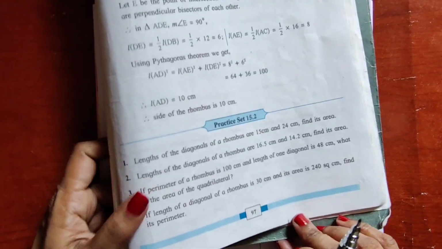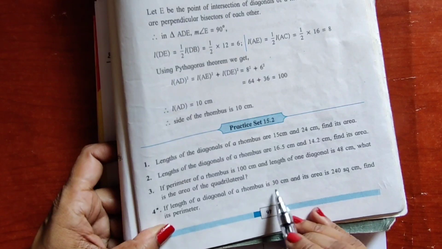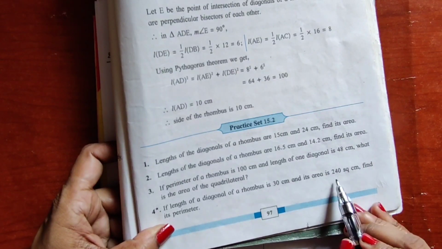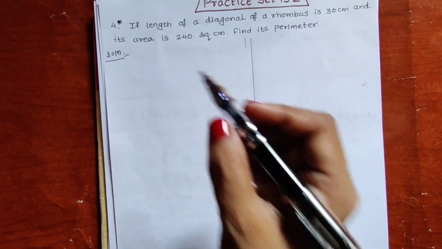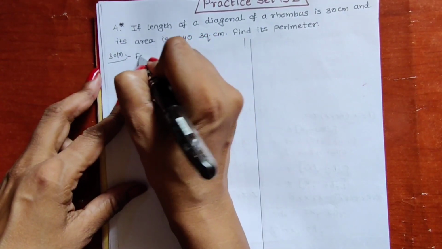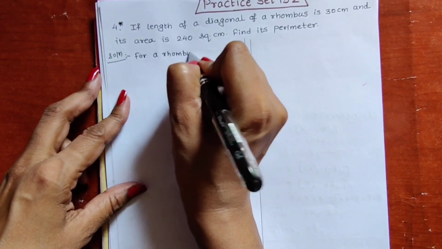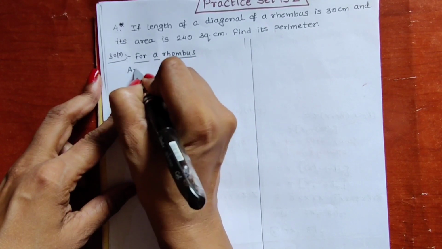Now let's go on to the last question of this practice set 15.2. If length of one diagonal of rhombus is given 30 centimeter, its area is given 240, we have to find the perimeter of rhombus. So let us start. For a rhombus, area is given.